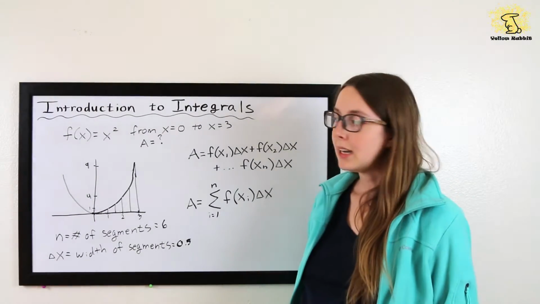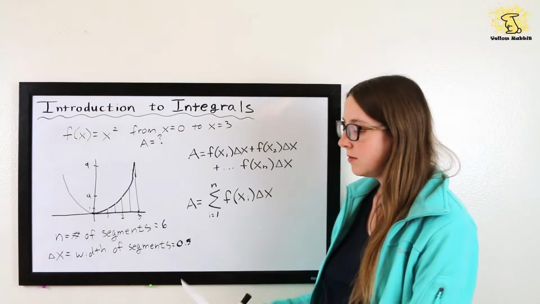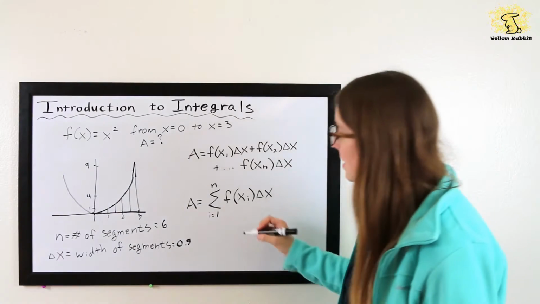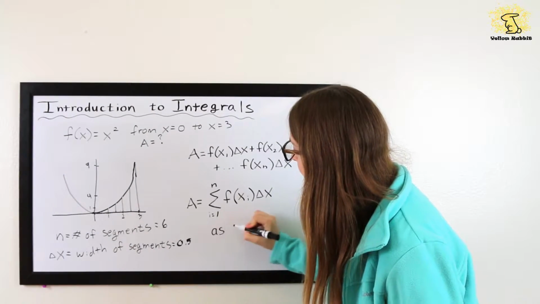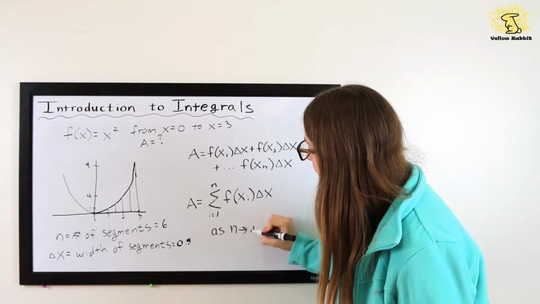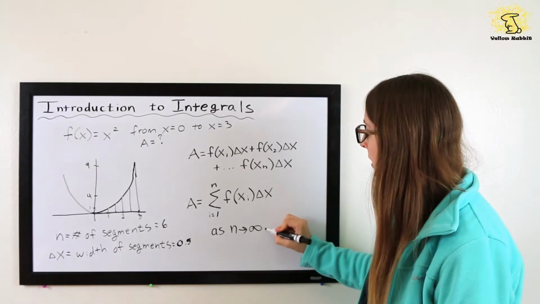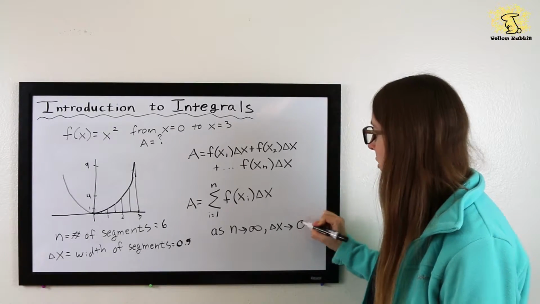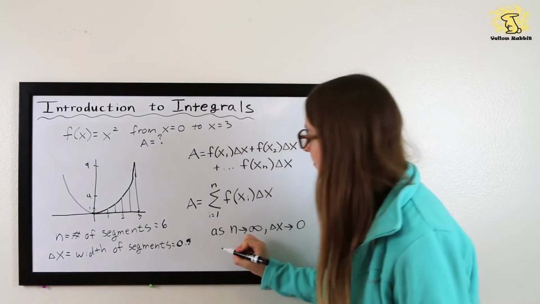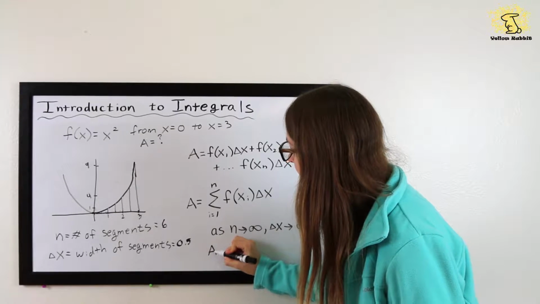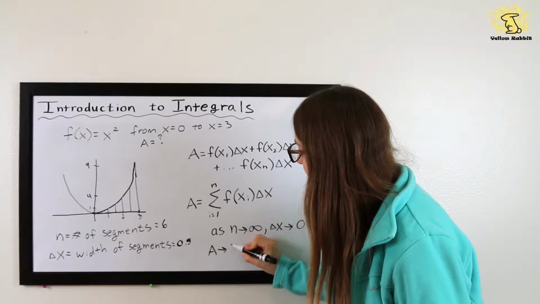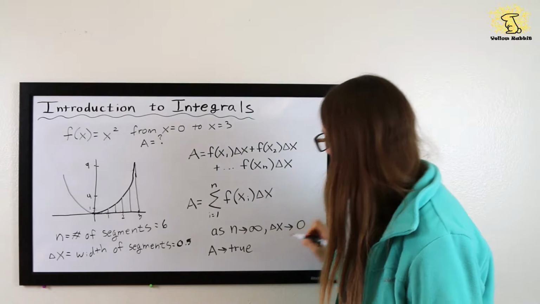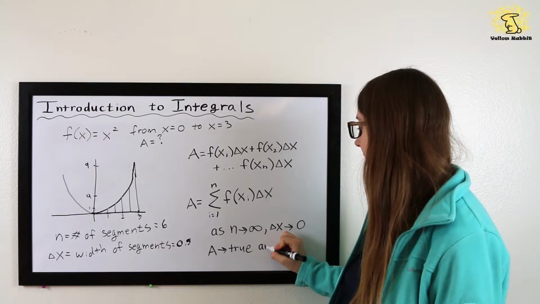One thing to keep in mind here is as the number of divisions approaches infinity, so as the value of n goes to infinity, the width of each division, this delta x, will approach 0, and the approximated area will approach the true area.